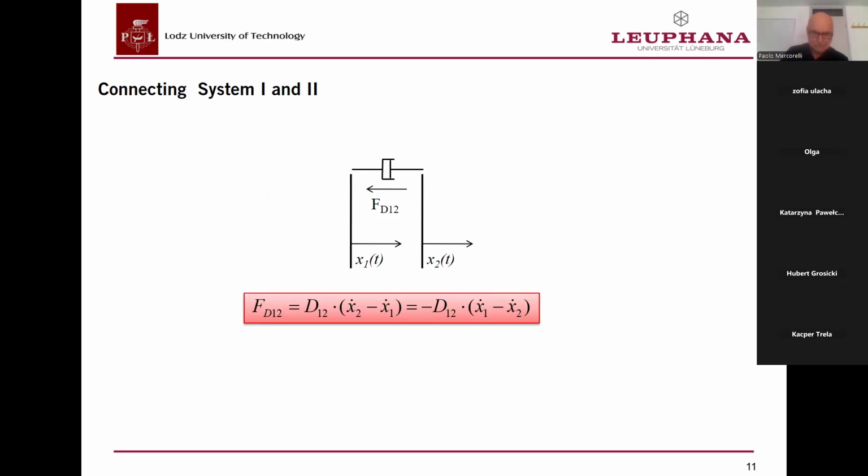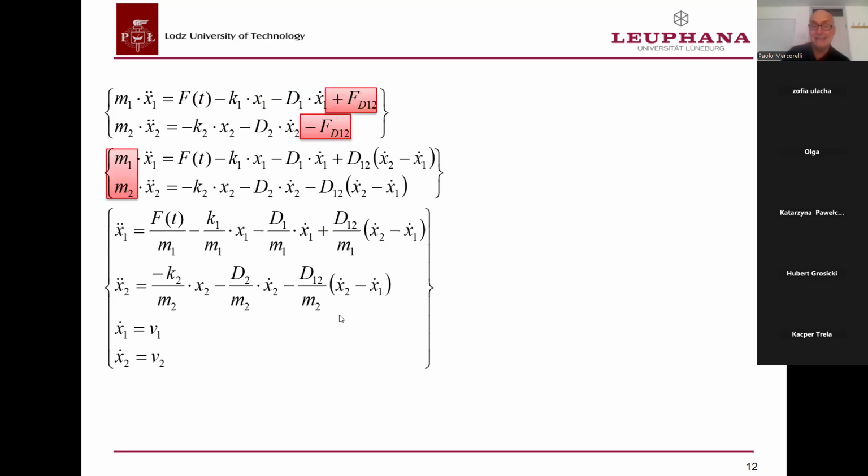We can see that basically Fd12 is the same. If you put in evidence a minus here, it's basically the same, but inside the equations, one is with plus and one is with minus. Because they are equal but opposite in the balance. In the balance.